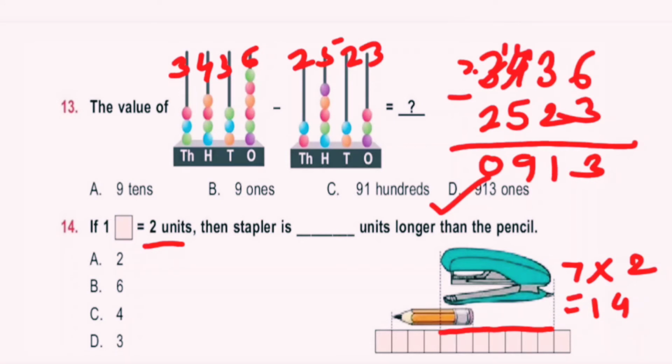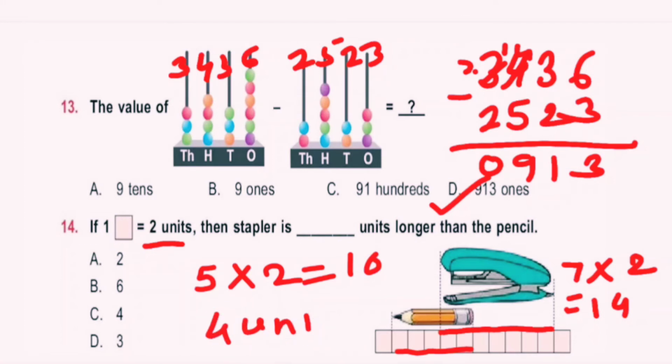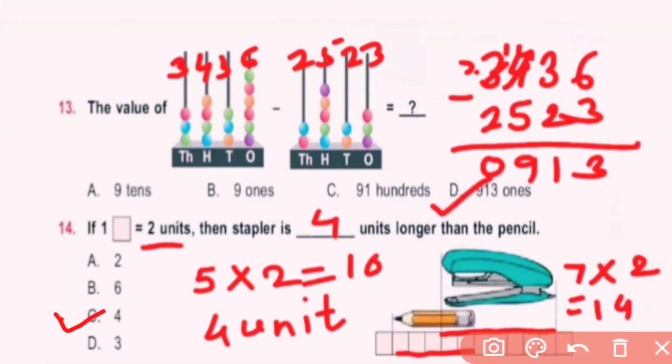And pencil starts from here. So there are 5 boxes. Pencil 5 boxes, and 1 box is equal to 2 units. 5 boxes is equal to 10 units. And their difference is 4 units. So stapler is 4 units longer than the pencil. So C is the right answer.